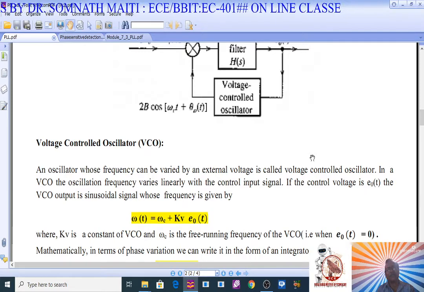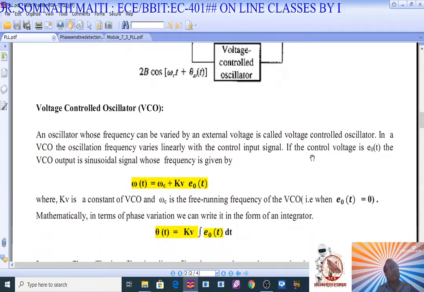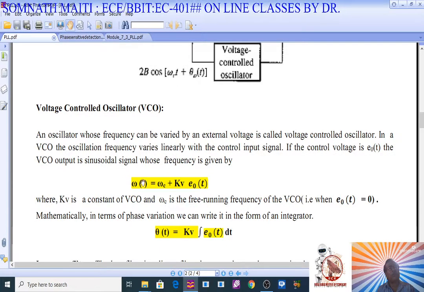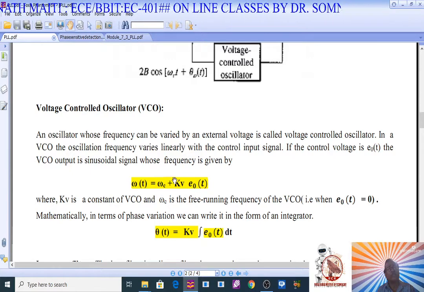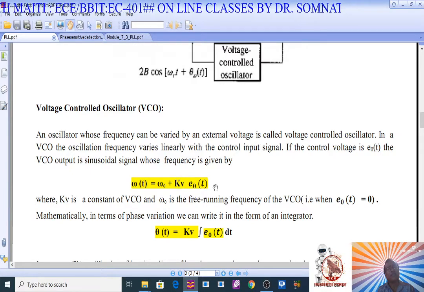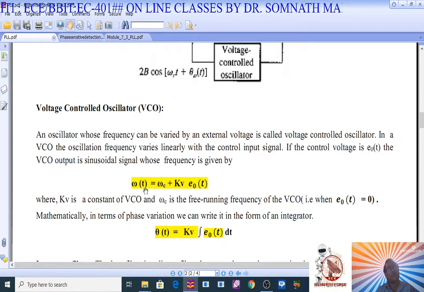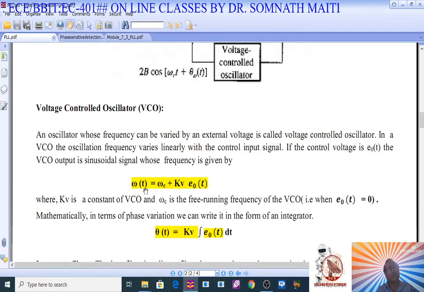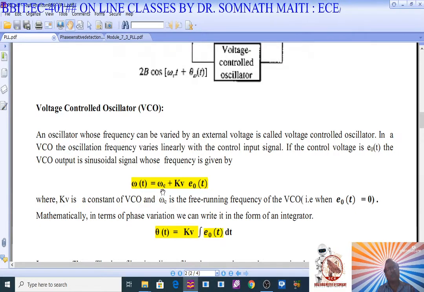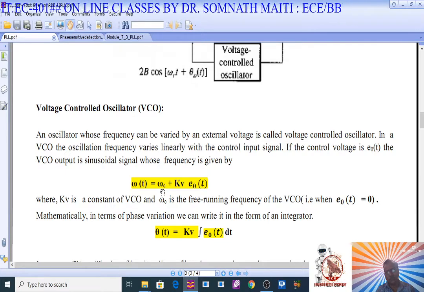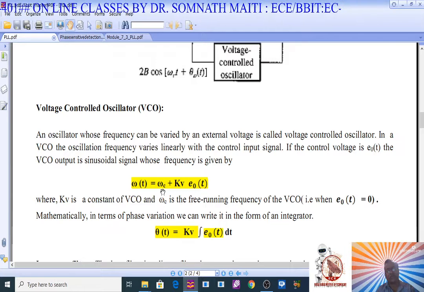Only you can vary it by varying L and C. So we can write the frequency of the VCO is proportional to some control voltage, let's say the proportionality constant is kV. Now when e0(t), the control voltage, is 0, the frequency of the VCO is equal to omega c. This is called the free running frequency. That is, when there is no control signal, the frequency the VCO is running at is called the free running frequency.